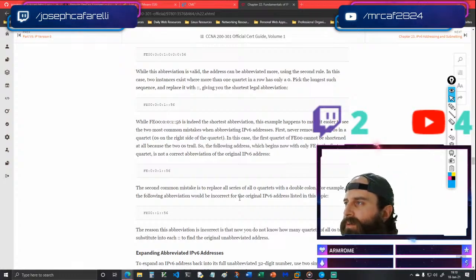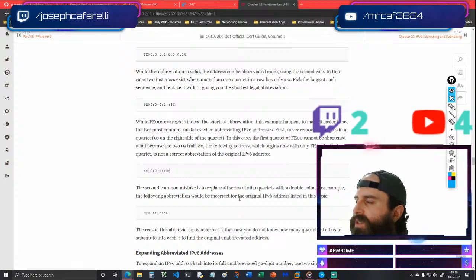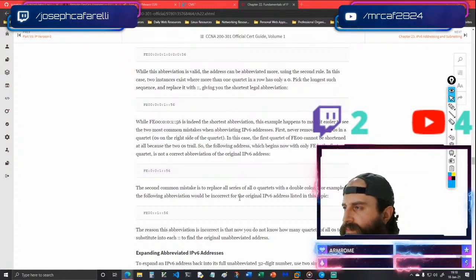The second common mistake is to replace all series of 0 quartets with double colons. For example, the following abbreviation would not be correct for the original IPv6 address. All right, so this cleared up a lot for me.